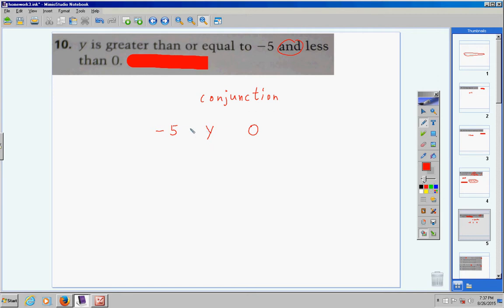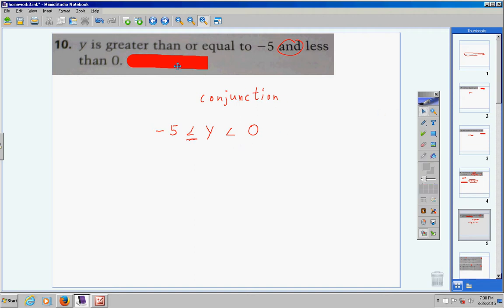And then your arrows always point to the left, as long as you have your smaller number to the left and your greater number to the right. Now let's pause and see if we need to put any equal signs like this under the arrows, okay? Y is greater than or equal to -5. So we put a line here. And less than 0. No line here.